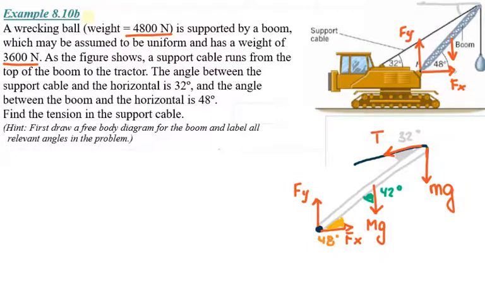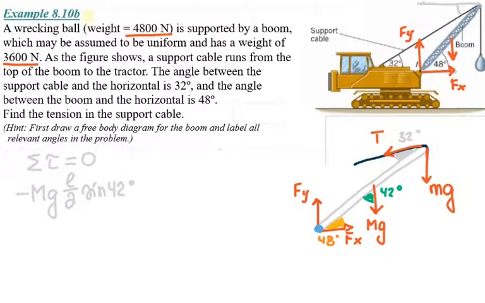So I'm going to use the sum of all the torques is equal to 0, and my point of rotation is going to be the blue point, this one, and it is the force times the distance times the sine of the angle. But Fy and Fx, I have 0 distance to the point of rotation, so I don't have to include them in my torque formula. So the only ones that I have is negative mg, because it causes the boom to rotate in a clockwise direction, in the negative direction, times the distance, which is L over 2, and then I have sine of 42 degrees.